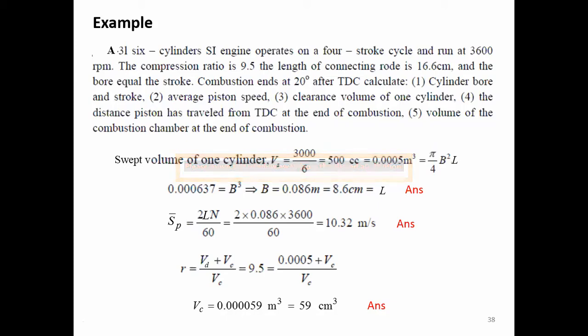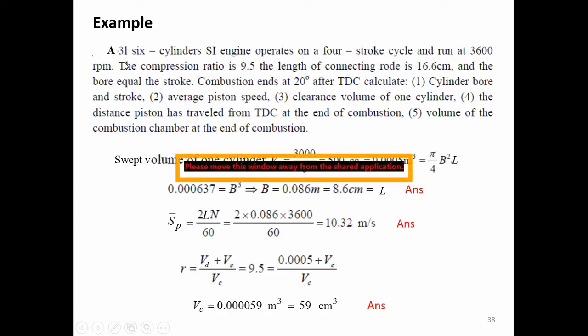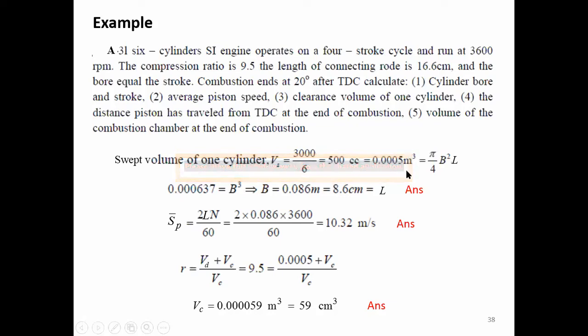So how are we going to solve this problem? Start with the swept volume, or the displacement volume, of one cylinder. We have 3 liters for 6 cylinders, so each cylinder will have 3000 cc divided by 6, which is 500 cc. Changing it from cc to cubic meter, it equals 0.0005 cubic meter.